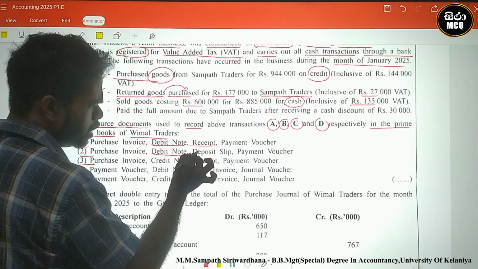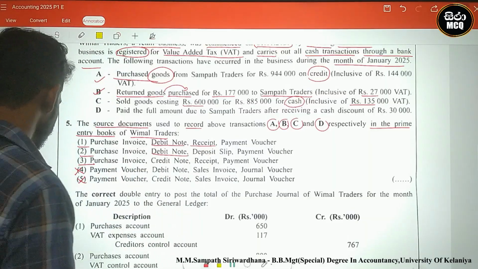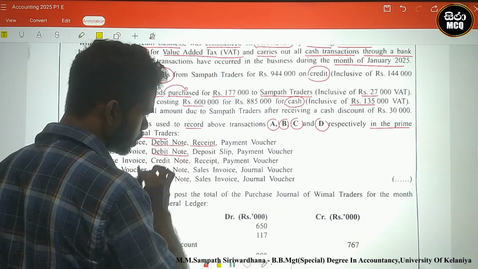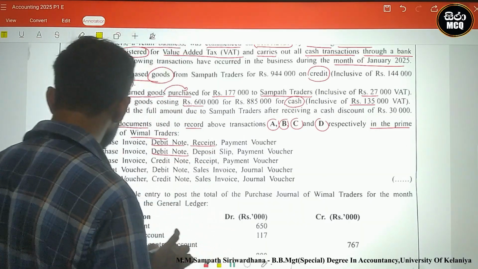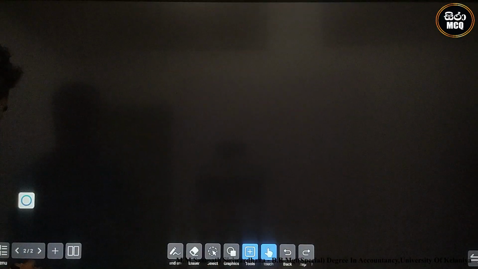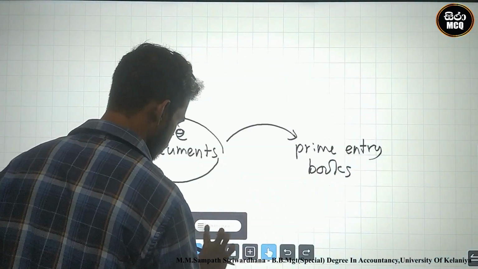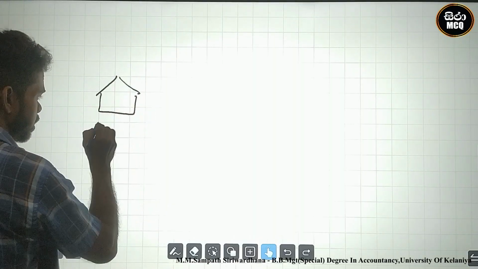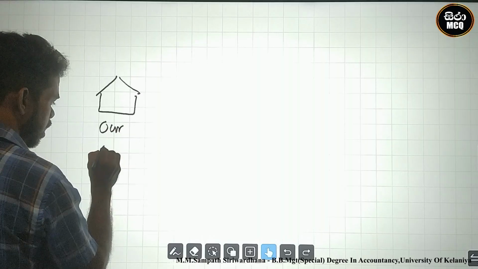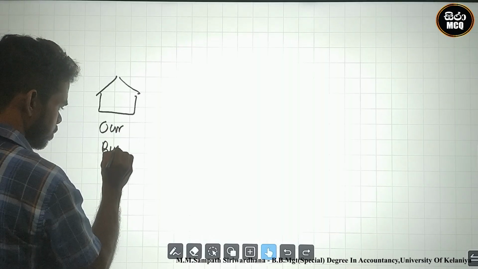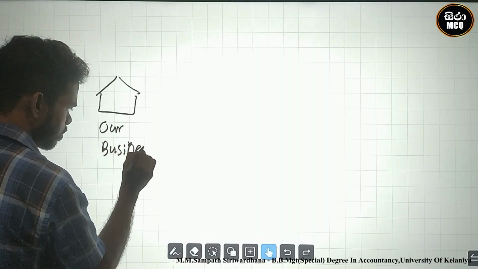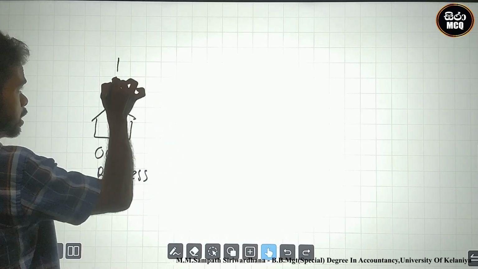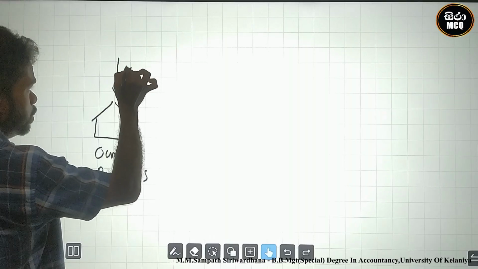What is the deposit slip? Look here. Cash receipt and deposit slip are interrelated. Why? Look here. There is a cash sale. This is our business. At the cash sale, we received the cash.